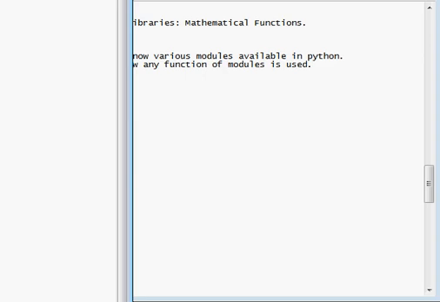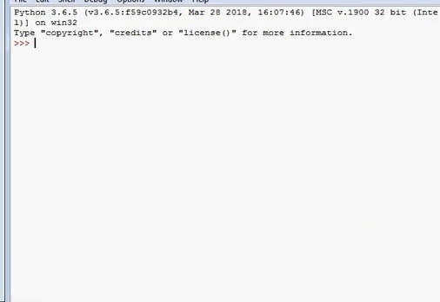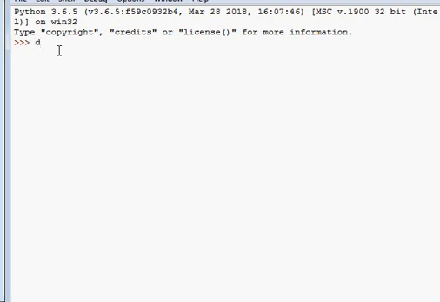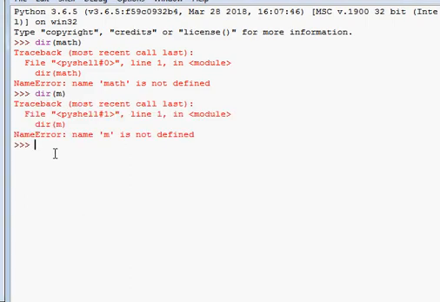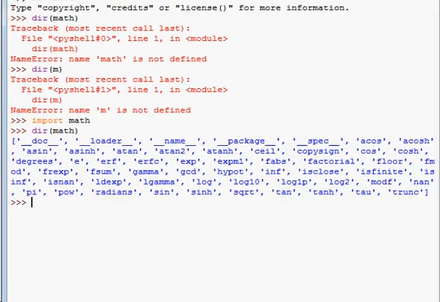For explaining, I have again opened the IDLE screen by closing it once. So if I say here dir and in small bracket math, math is a module. The reason behind it, we have not imported, means we have not used import math here. Now I can use dir math. So in this function, what is happening?